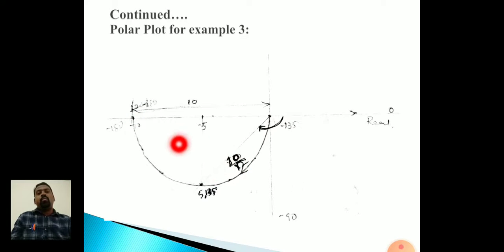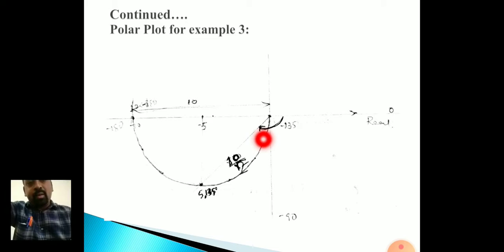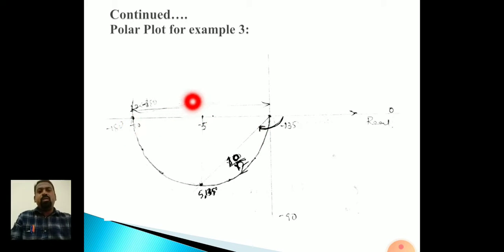The starting point is at 180 degrees with m omega equal to 10. The end point has m omega equal to 0 and phi omega equal to minus 90 degrees. The third point is m omega equal to 10 by root 2 at minus 135 degrees phi omega. From these three points you can draw the curve.